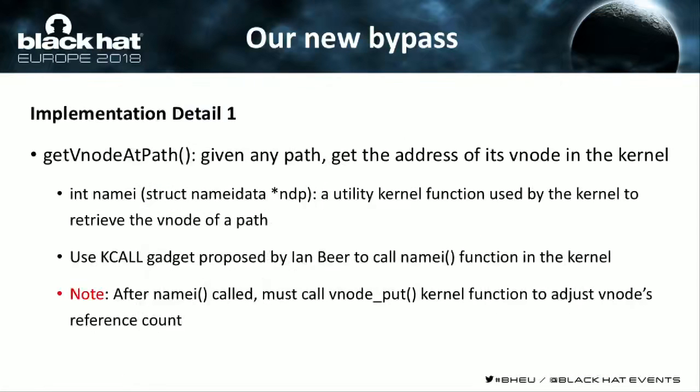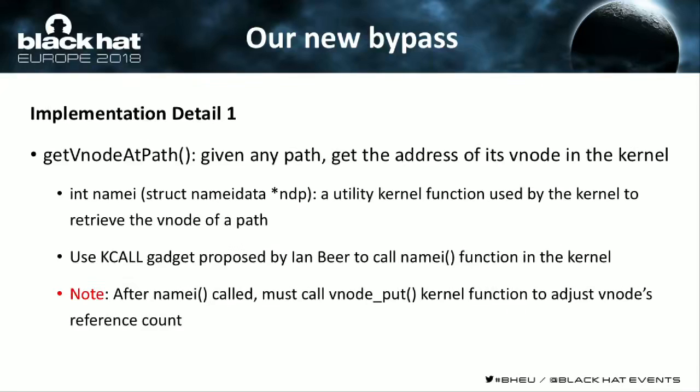In this code, there are several details that need to be explained. First, there is a function in this code called getVnode. This function is used to get the address of a vnode by giving a file path. This function mainly uses the kcall gadget proposed by InBeer to call the kernel function namei.